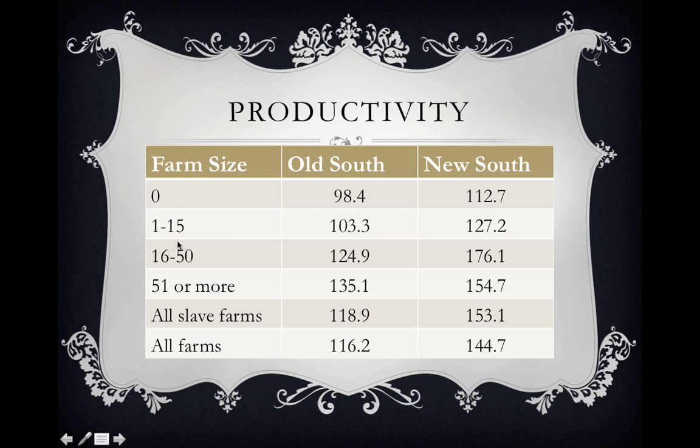But what do you see once we start getting into farm sizes of 16 to 50? You see a dramatic increase in labor force productivity. In essence, we see about a 20% increase in labor productivity just due to the fact that the farm now has a much larger slave force.